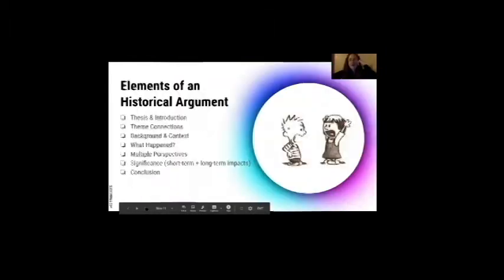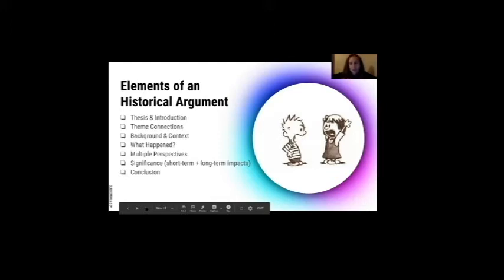Here we go. Okay, so what are the elements that you need to have in your historical argument? I would argue that these elements are basically the elements you need to have in your National History Day project, because your project is really your argument produced in a documentary or a performance or an exhibit. So you have your thesis and you introduce your thesis to your viewers. You're connecting to the theme in your thesis and throughout your argument.